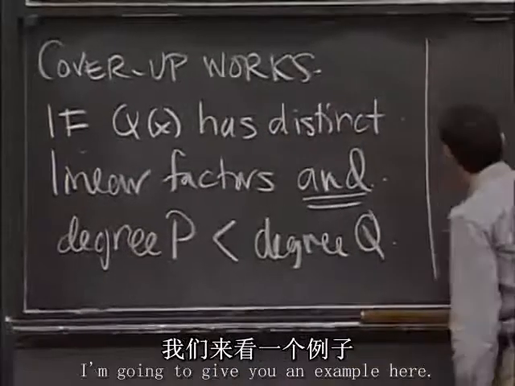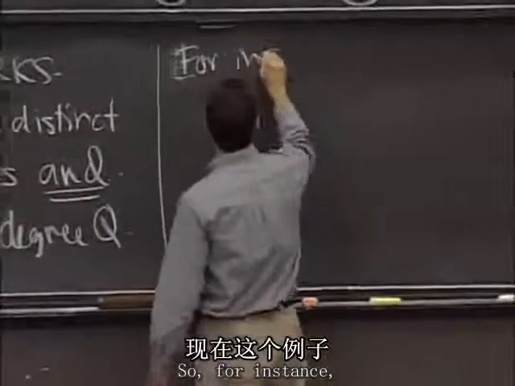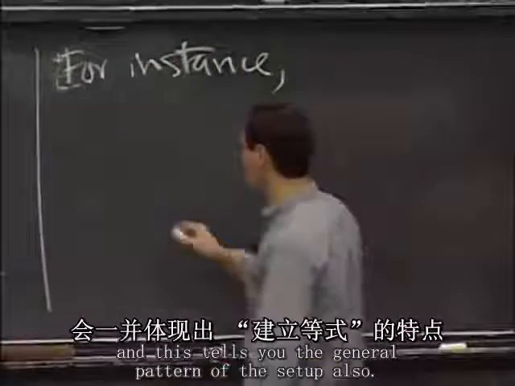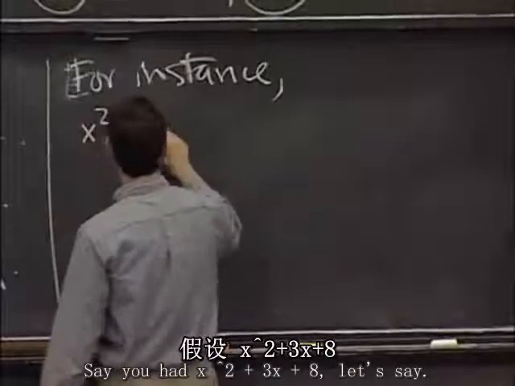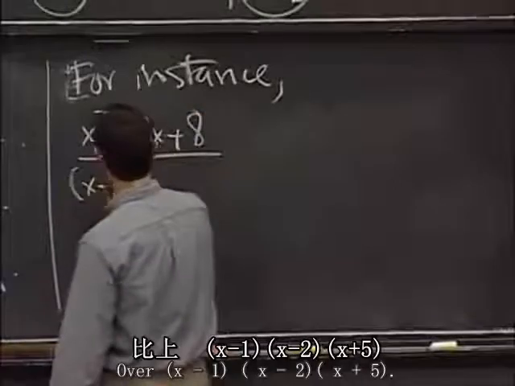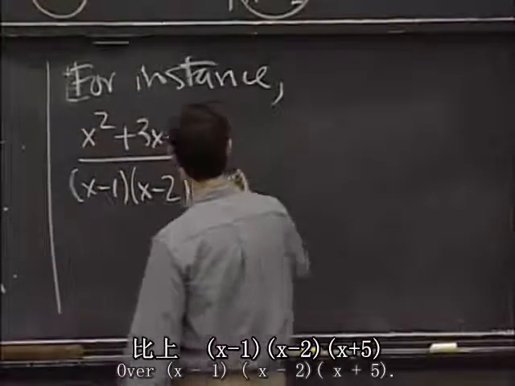I'm going to give you an example here, and this tells you the general pattern of the setup also. Say you had x squared plus 3x plus 8, let's say, over x minus 1 times x minus 2 times x plus 5.